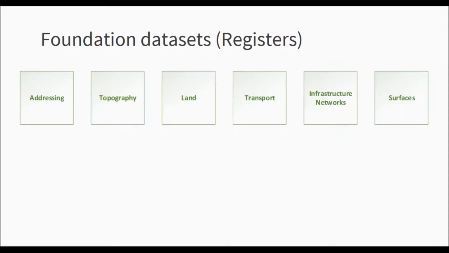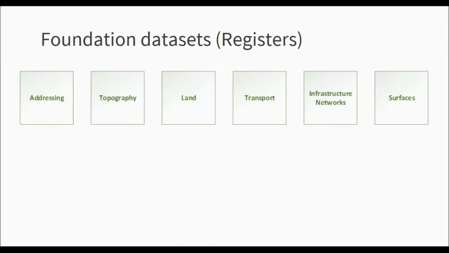So if you look at the notion of foundation data sets, so which data sets might be important in a city or a country to have, you could look at it as a series of important, official, authoritative registers of information. And there's a suggestion that these might fall into the following categories.